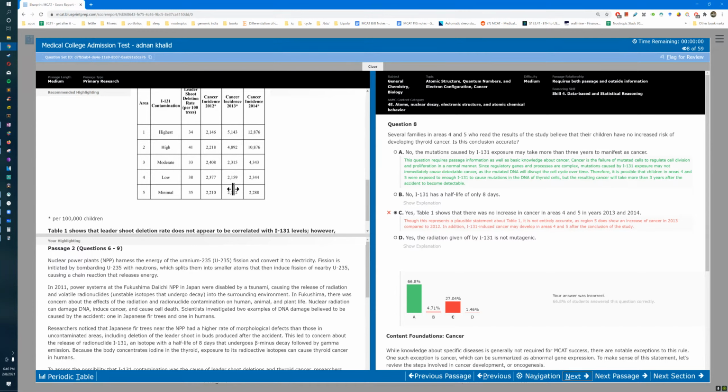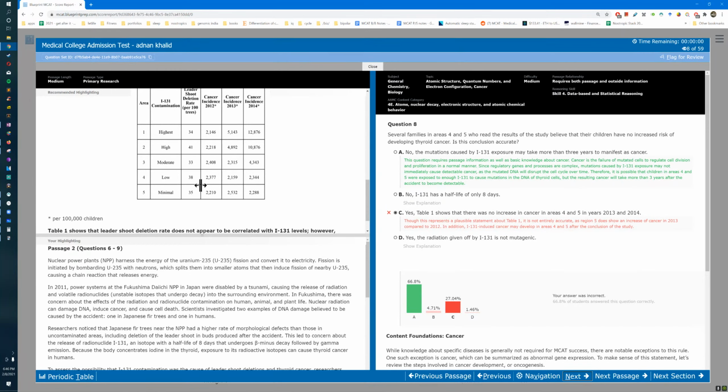And if you look at these, they're pretty much all around 2,000, compared to moderate, where between 2013 and 2014 it doubles, and high and highest, where it doubles from 2012 to 2013 to 2014. It doubles or more than doubles each time. So, are the people in these regions right in saying that their children have no increased risk of developing thyroid cancer?